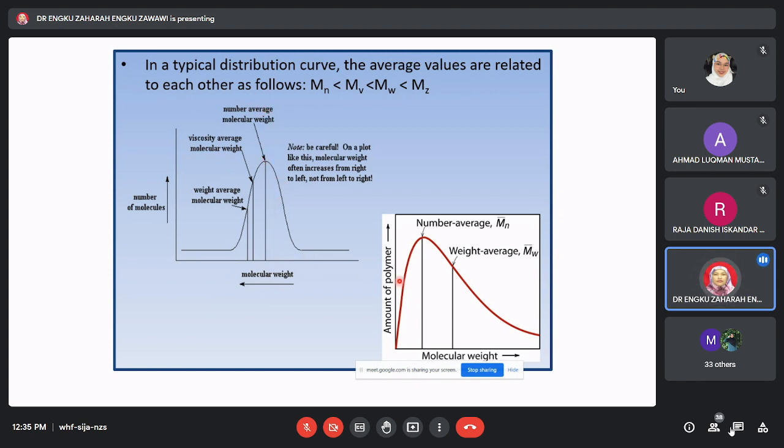Okay, dan macam ni, number average molecular weight Mn dan weight average molecular weight Mw. So this is the curve that kita panggil sebagai the molecular weight distribution curve.